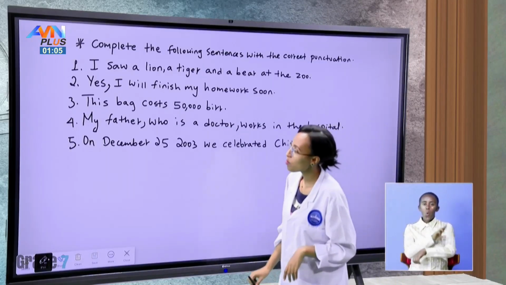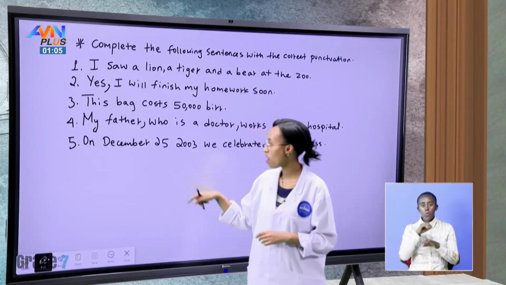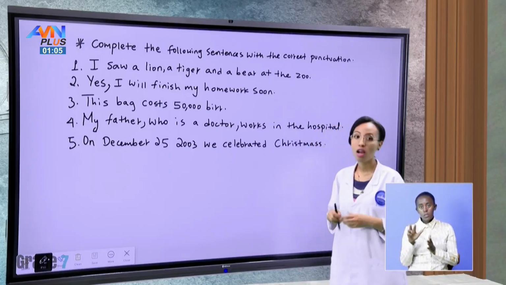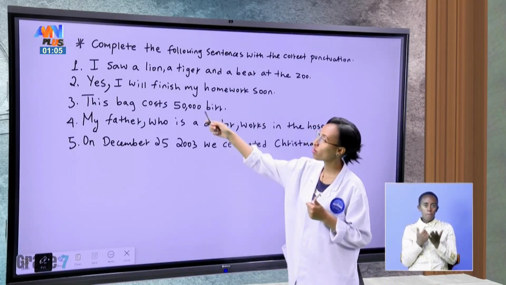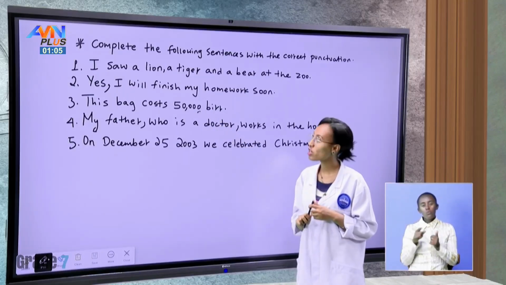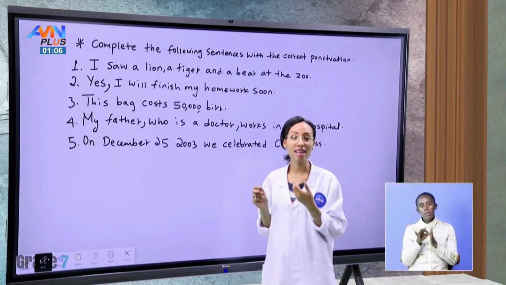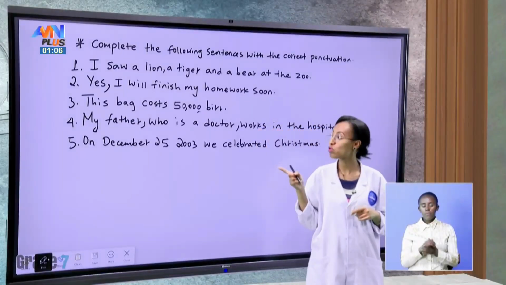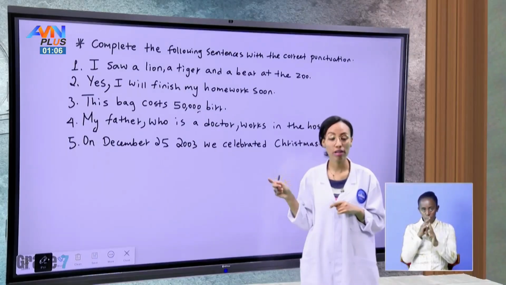Okay, number 5 and the last one is on December 25, 2003, we celebrated Christmas. So in this case, it is similar to the third question, which is separating numbers and dates with a comma. So on December 25, 2003, we celebrated Christmas.